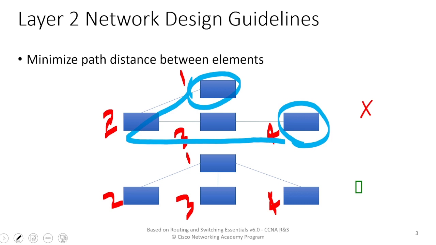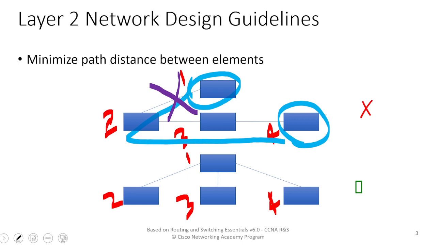Minimizing cascaded paths of network. That minimizes the likelihood of a larger portion of things failing. Say for example, if we take this structure, if one of these things fails, all the devices attached to 2, 3 and 4 are also now disconnected.